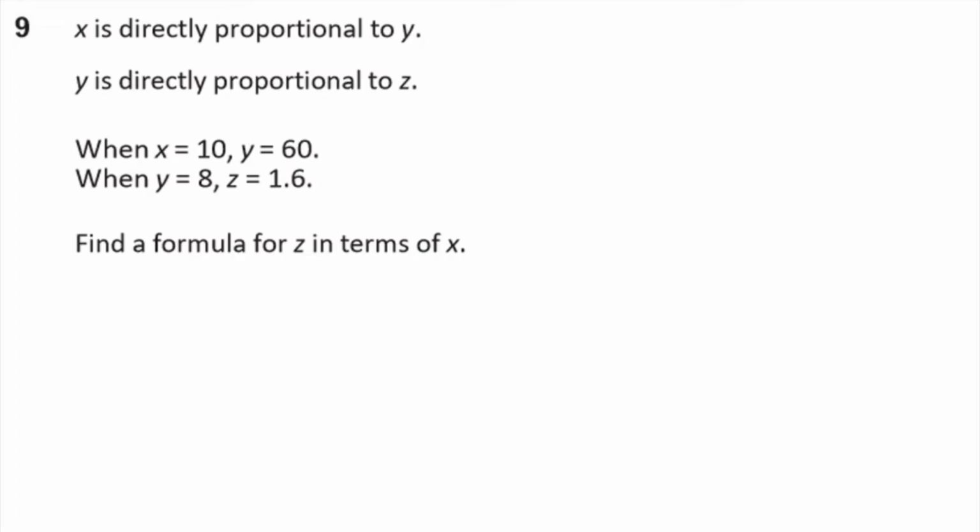x is directly proportional to y. So x is proportional to y. Then we can replace that symbol of proportionality with equals k. So x equals k lots of y. Now we've got two values that link x and y together. We can use these to find the value of k, the constant of proportionality.